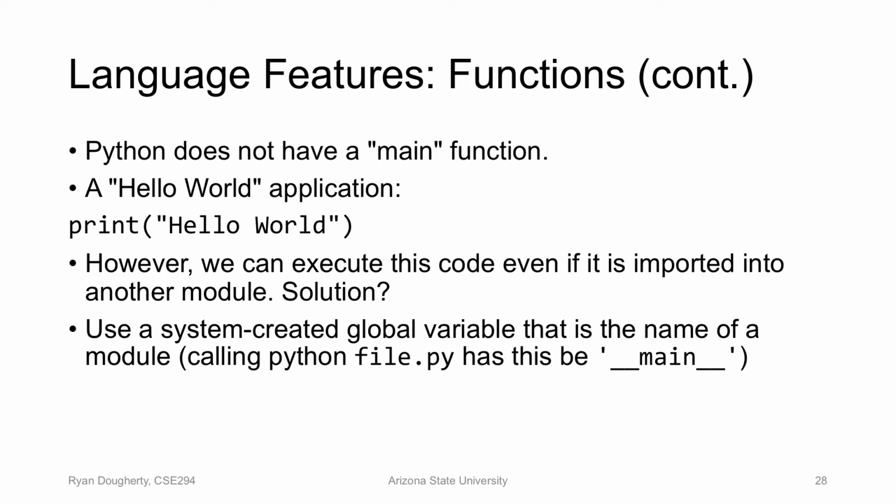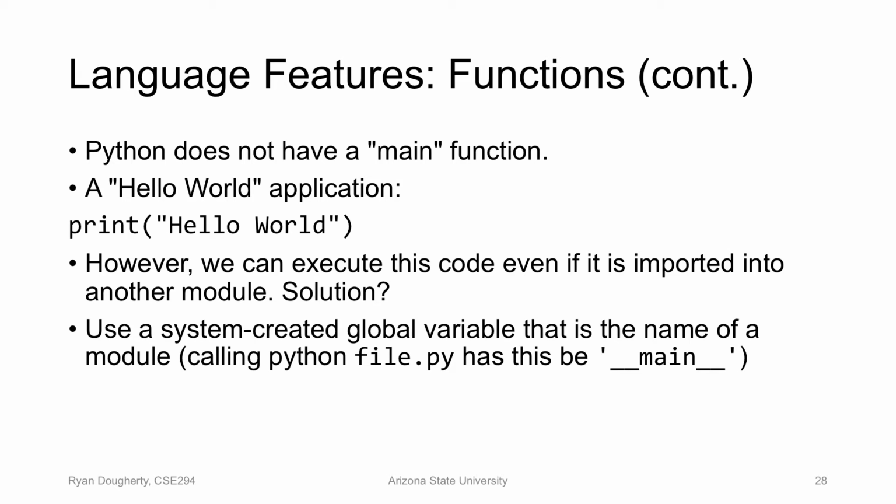And they're usually called dunder, which means double under. So any word that has two underscores on both sides of the word usually means something important in Python. It's something Python exclusive. So whenever we call python or python3 on a particular file, the name of the module that's returned to us is dunder main dunder.